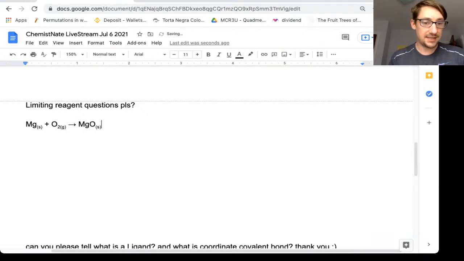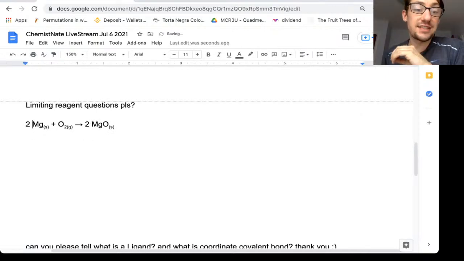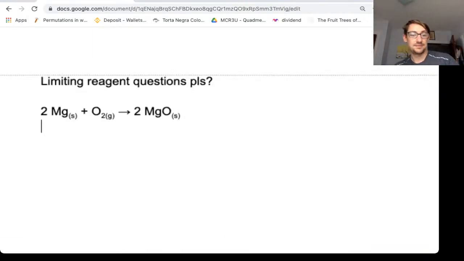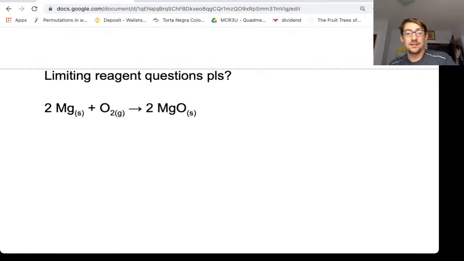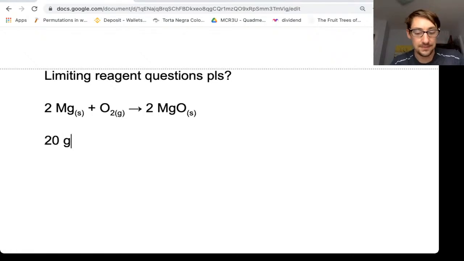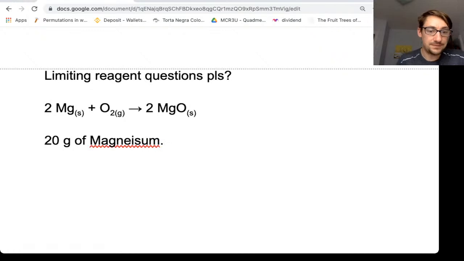I chose that because I knew there would be coefficients. And I'm choosing two different states as well. Limiting reagent is asking which of the two reactants is going to run out first. Magnesium is a solid, so let's say we have 20 grams of it. I know many of you are going to be worried about significant figures, so I'll call it 20.0 grams of it.